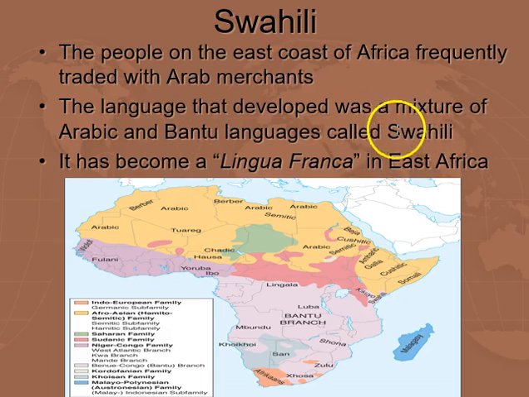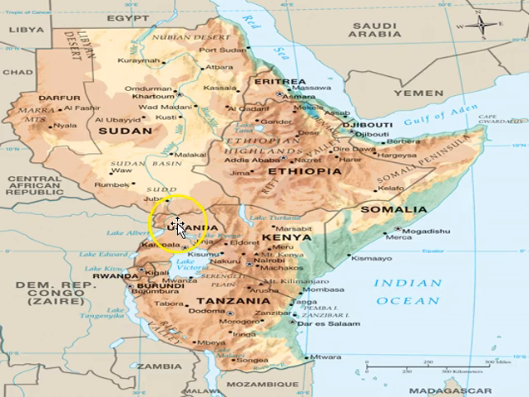The important thing that you have to know about Swahili is that it was developed on the east coast of Africa and it was developed long before European colonists arrived. Okay? It has become a lingua franca, meaning the language that is most spoken in Eastern Africa, and that is Swahili.